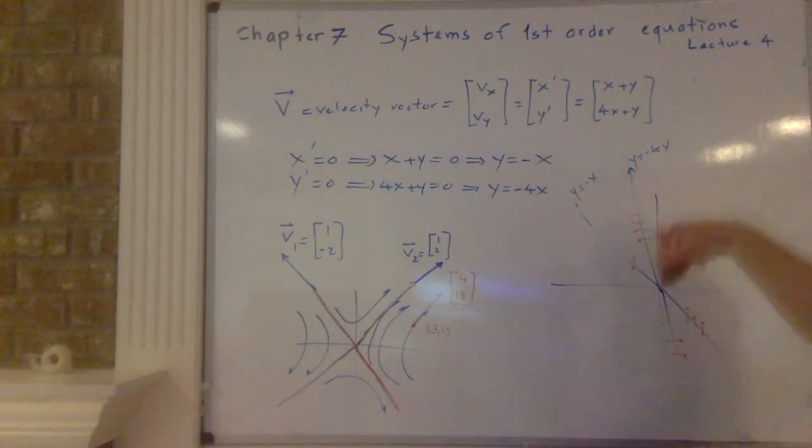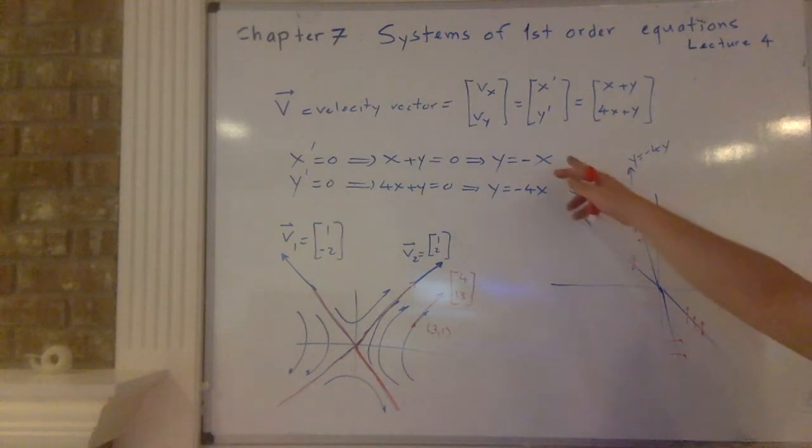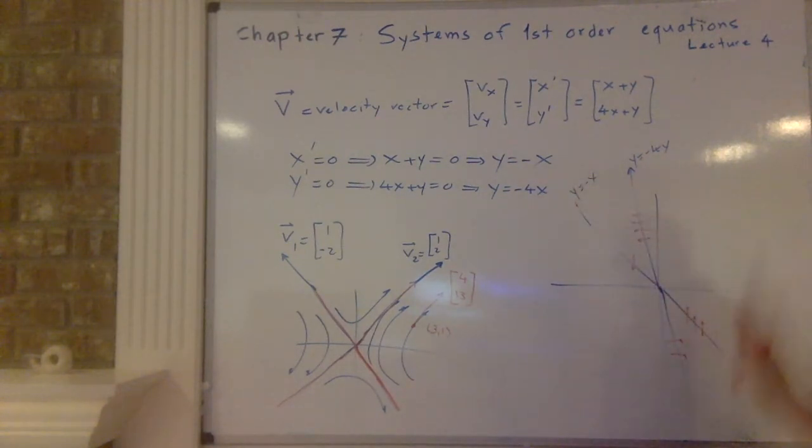The trajectories hit these two lines. On this one, x prime is 0, so you just have y prime, which means there is no x direction, so it goes vertical.